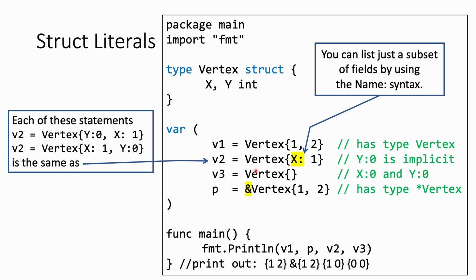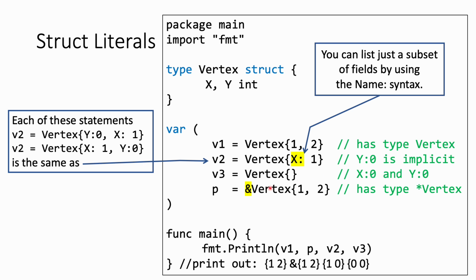You can also leave the list of field values empty in a struct literal, but you still need to write the braces after the struct name. Then the struct literal will have 0 value for each of its fields.